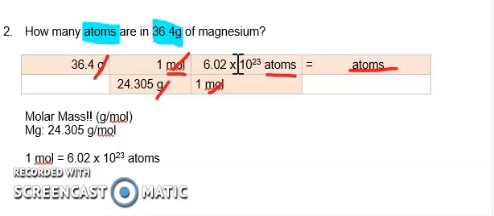And I have something at the bottom, so I have to divide everything by 24.305. And my final answer is going to be 9.02 times 10 to the 23rd atoms. And that's it. That's how you do that.